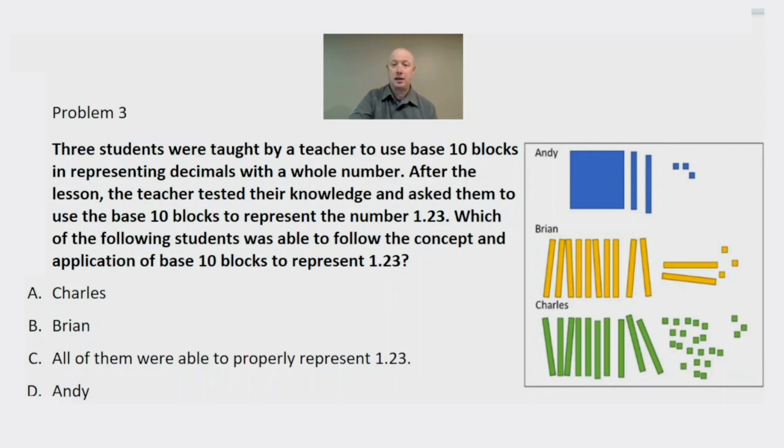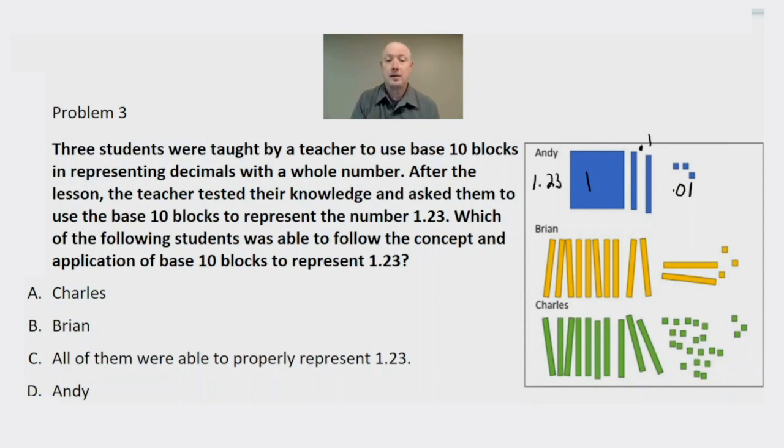Andy is using the square as one whole, and he's using the skinny rectangles to represent 1/10, 0.1, and he's using the small square to represent 1/100, 0.01. So Andy would have one whole plus 2/10, which would be 0.2, and then 3/100. So Andy would have the correct answer, 1.23.